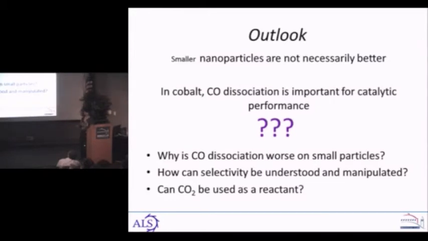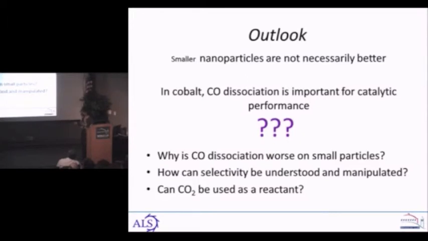It has a lot of very highly defective sites because it's a very small surface, but not the appropriately coordinated sites. And we think that hydrogen chemisorption also plays a role. So the small nanoparticles are not as effective at dissociating hydrogen, which helps dissociate the CO, and it's a chain reaction in that way.